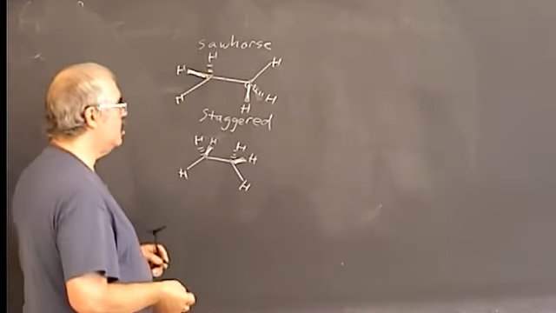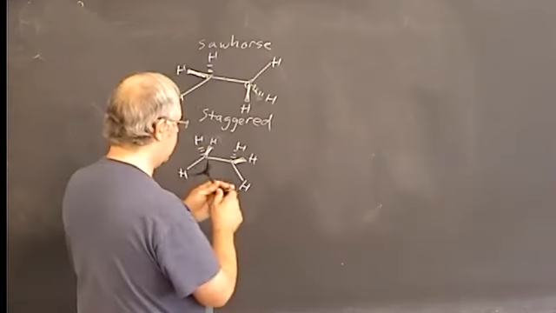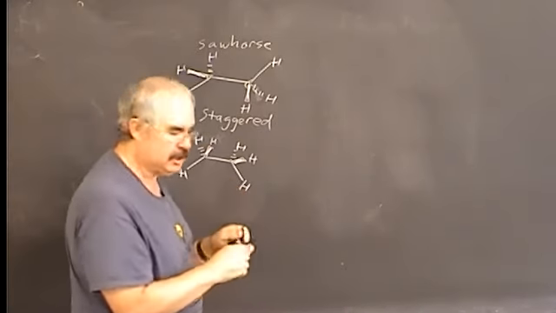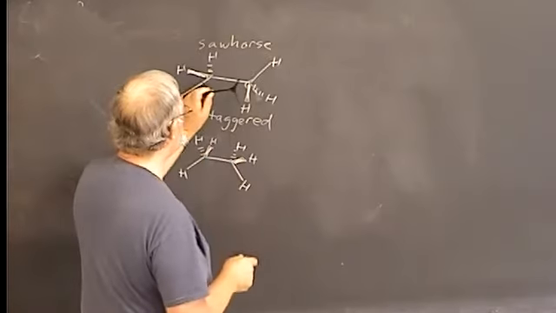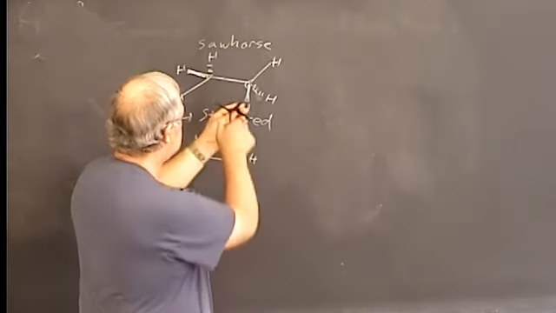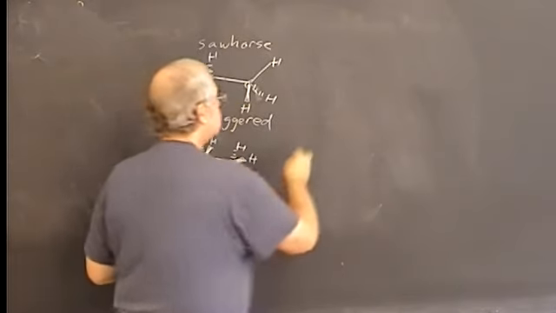These are sawhorse projections, and then to show the Newman projections, what we do is take this and rotate it like this. Draw a circle.